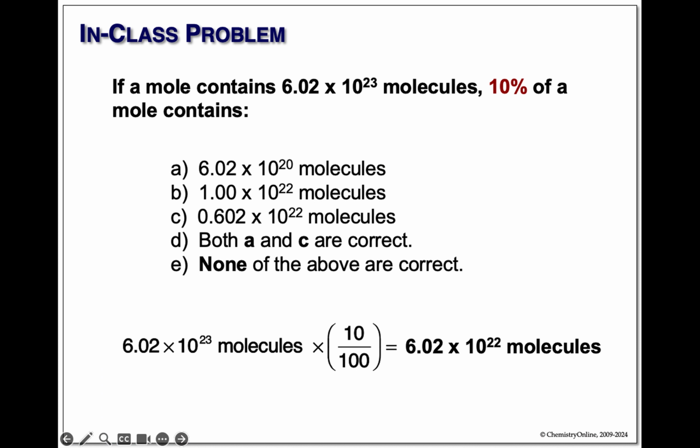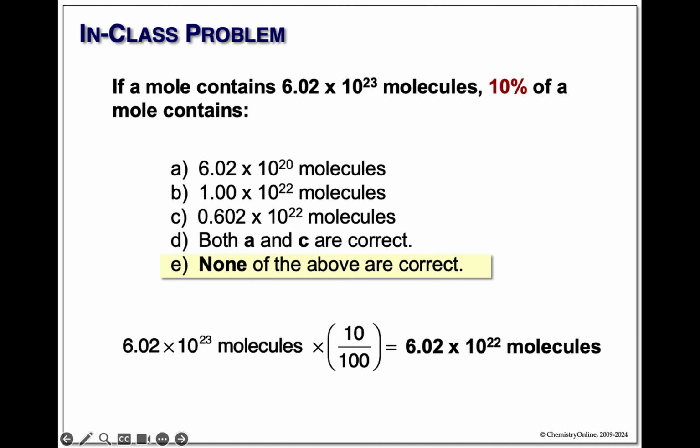And secondly, that's wrong. None of these are correct. On your exam, you may have one or more questions with the dreaded none of the above. So just always be aware of that. Any questions?